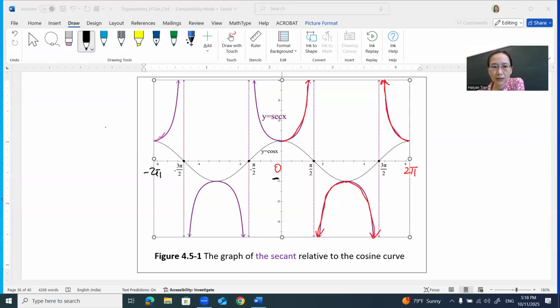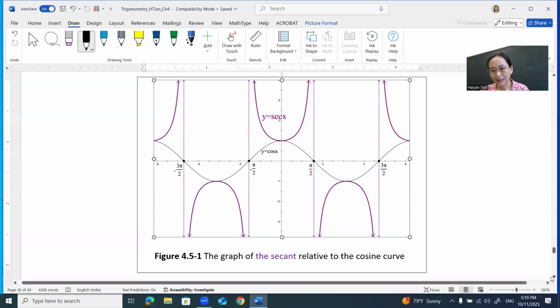So we see 2 periods, and then you can extend this graph to see more periods. Once we have the secant, then similarly, we can sketch cosecant.